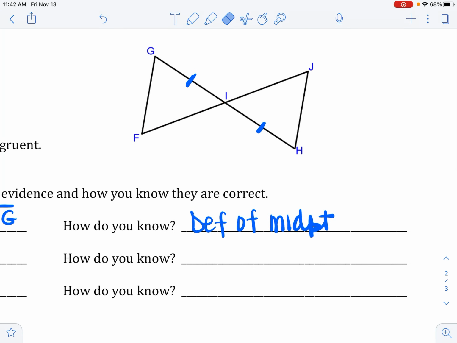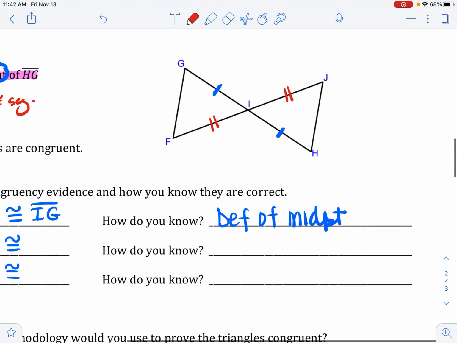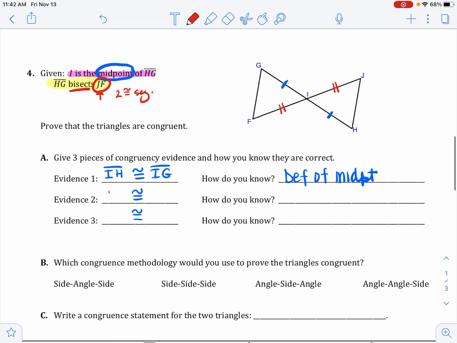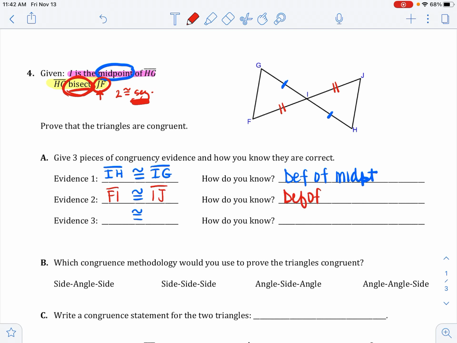All right, what are my 2 congruent segments? FI and IJ. So now I'm going to mark FI congruent to IJ. Notice I'm using 2 tick marks now because I already used a set of 1 tick marks. All right, now I need my reason. This time I see the word bisect, and I'm bisecting a segment. So this is definition of segment bisector.